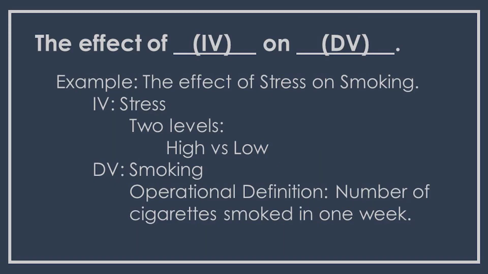Experiments usually can take the form of the following phrase: the effect of blank, the independent variable, on blank, the dependent variable. So I could do an experiment that I was just describing. It would be the effect of stress reduction on smoking behavior, right? Independent variable on dependent variable.